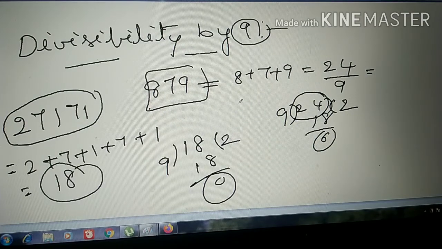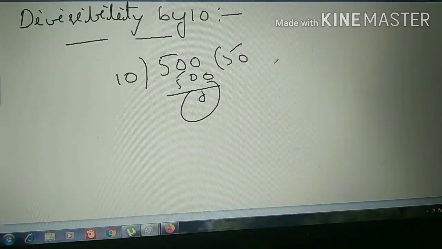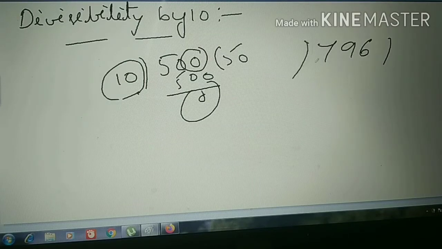Yes. Now see the divisibility by 10. What we can say here is, a number is divisible by 10 if and only if the unit digit has 0. If and only if in the unit digit you find 0, then only the number is exactly divisible by 10. So if you have 7961, I am taking it with 10. 10 sevens, 70, 9 you are getting.